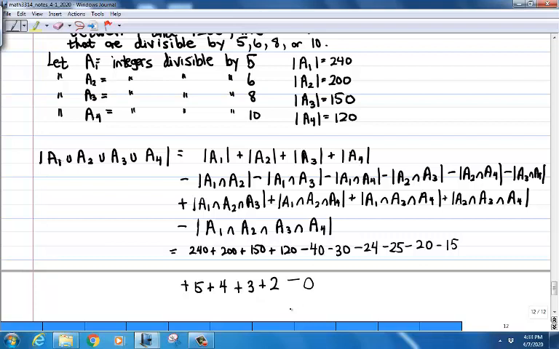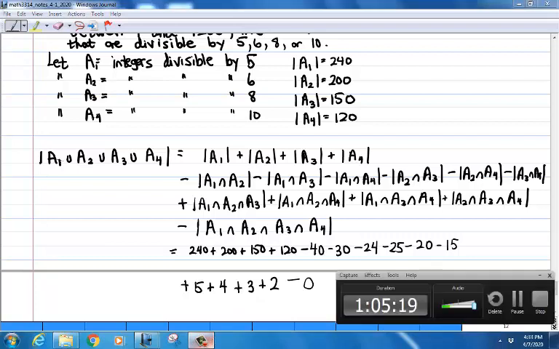So add up all of those numbers, which I'm not going to do here, but that gives us the answer to our question. So there's our first application of inclusion exclusion.